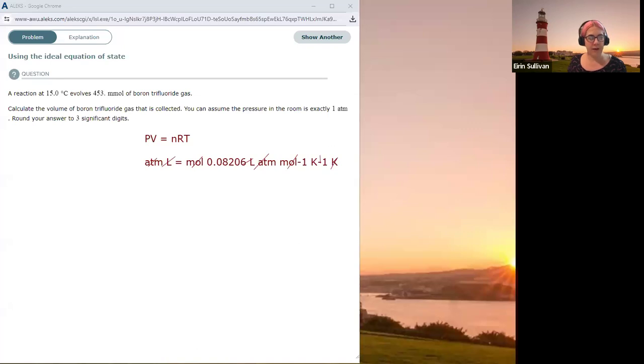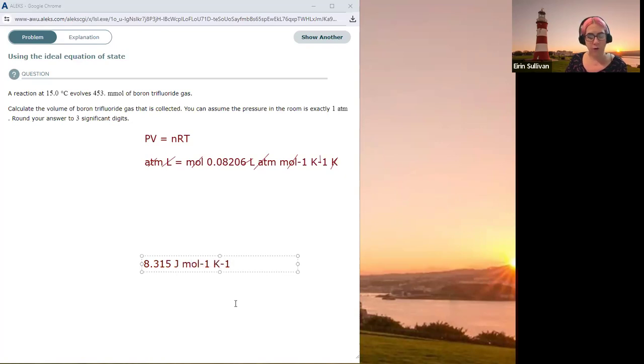As a little aside, occasionally you may come across pressure in pascals and volume in meters cubed, and this would be the one time that you would actually use the other version of the gas constant, at 8.314 joules per mole per Kelvin.